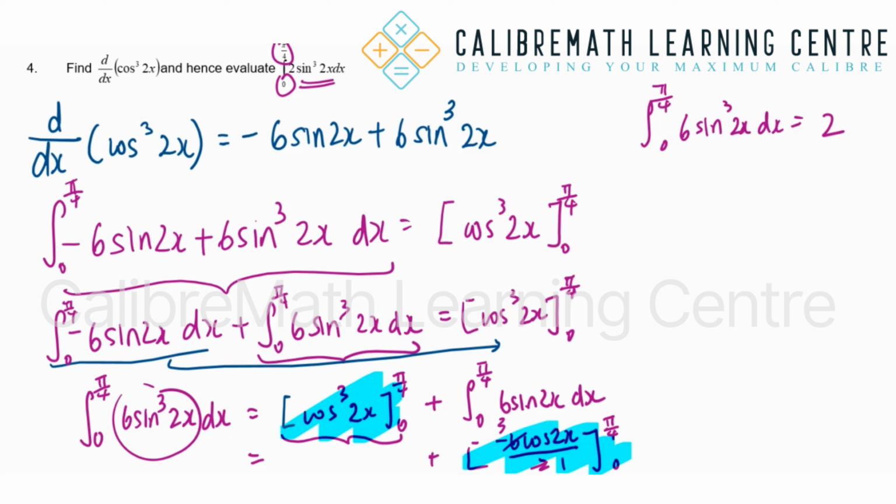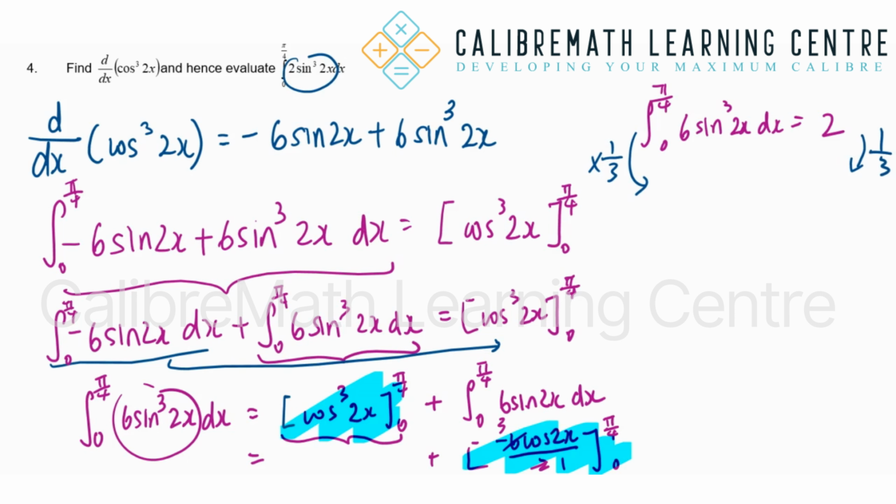Okay, so after you have gotten the answer for the 2 highlighted ones to equate to 2, then now we're going to deal with what the question wants. The question wants you to find 2 sine cube 2x. So how do we make 6 become 2? That's very simple. Just multiply by 1/3, or you could divide by 3 throughout.